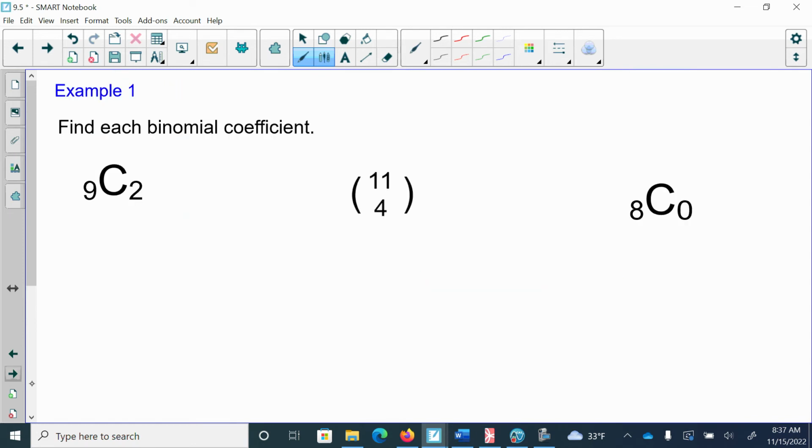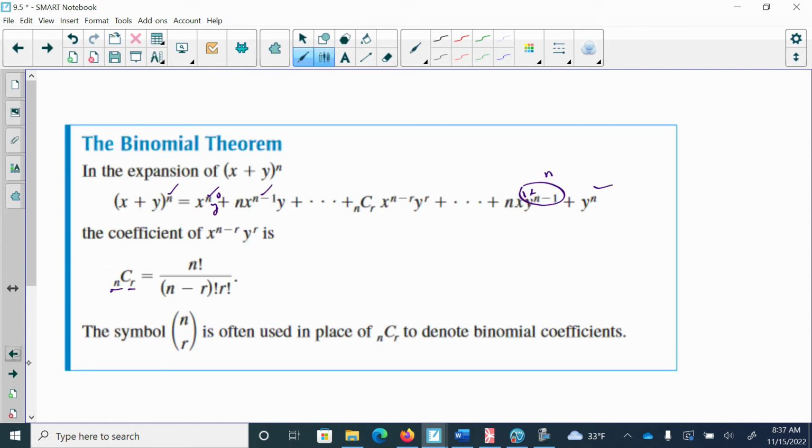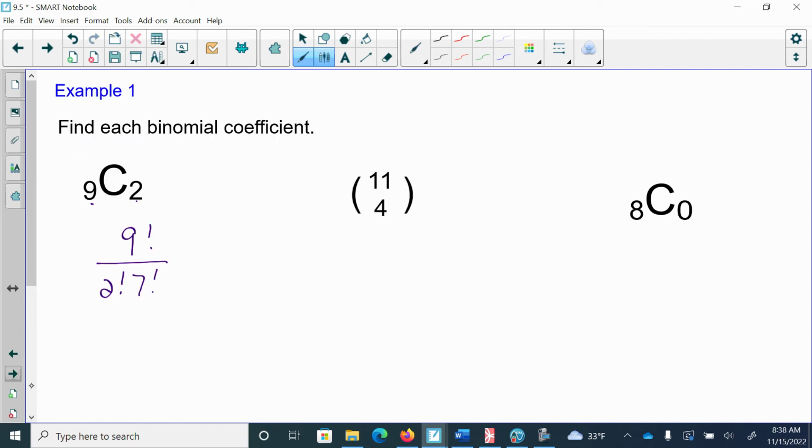Let's practice doing the combinations first. The combination of 9 choose 2 would be 9 factorial over 2 factorial, then take 9 minus 2 and get 7 factorial. That's exactly what I have here. I just did it in a different order. So I'm going to have 9 times 8 times 7 factorial over 2 times 1 times 7 factorial.